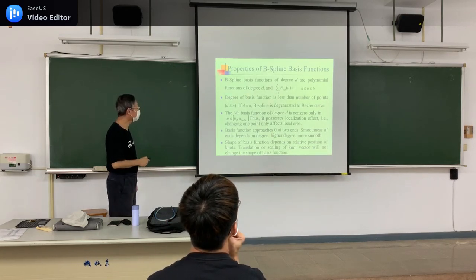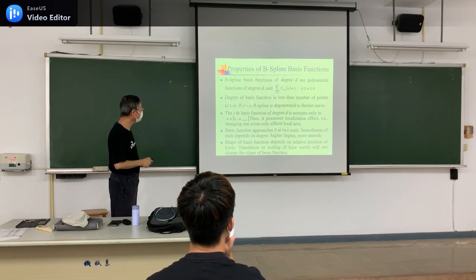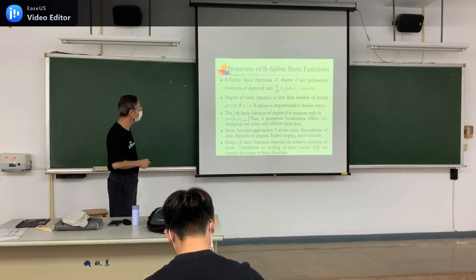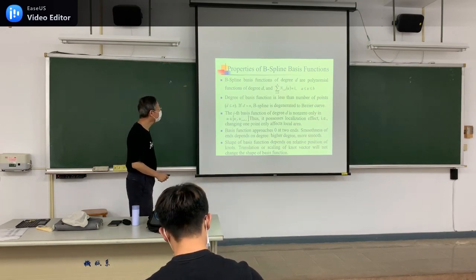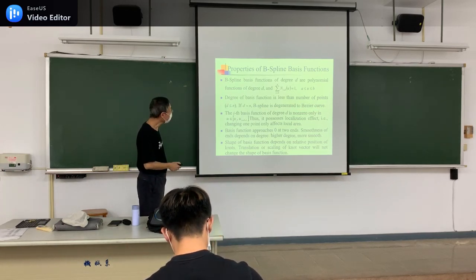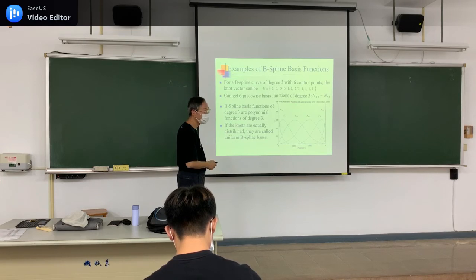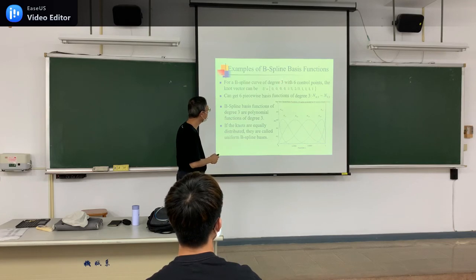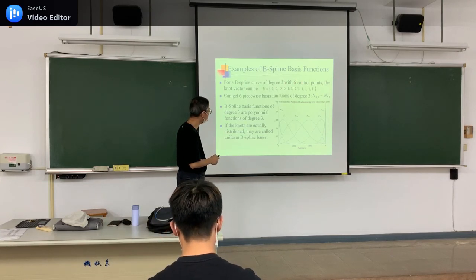And the degree of the basis function is less than the number of points. If the degree is the same as the number of points, then this is degenerated to a Bezier curve. For example, suppose your degree is 3, and you have 4 control points.